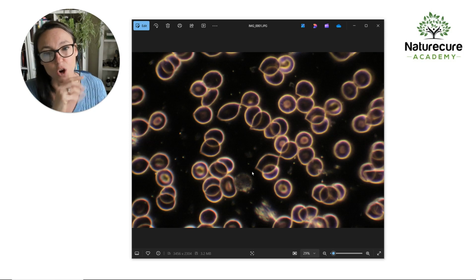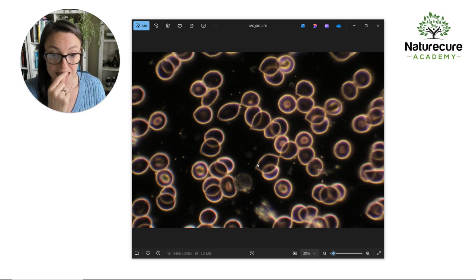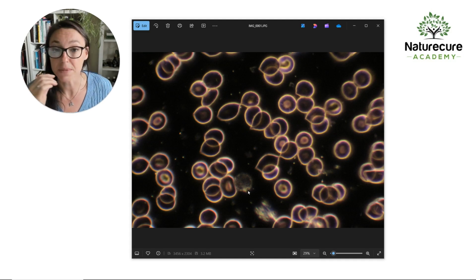I am overlooking the evidence, which will be all of the blood and the images I've taken of the blood in the blood analysis, the live blood and the dry blood. And also I will be looking and cross-referencing with the case history questionnaire, which would include all the diet, the health history, and the symptoms.